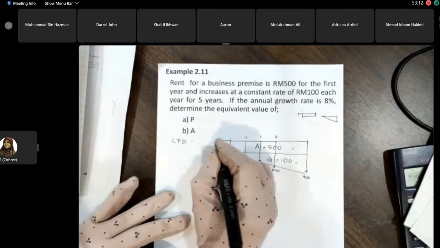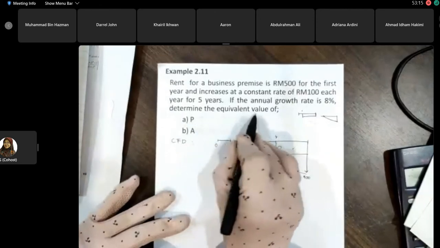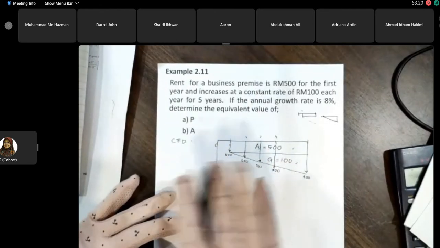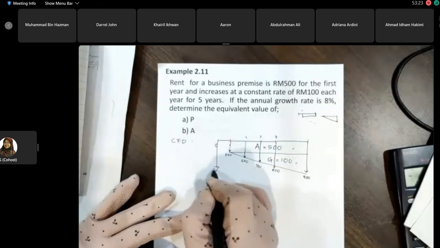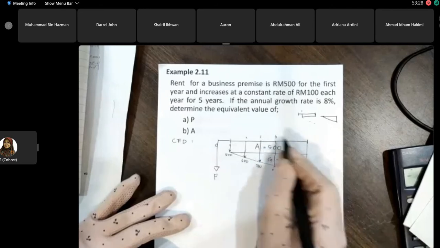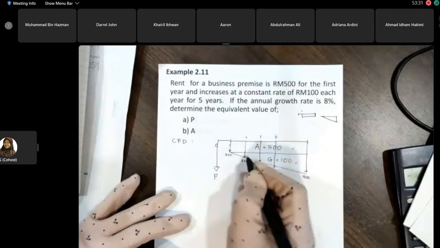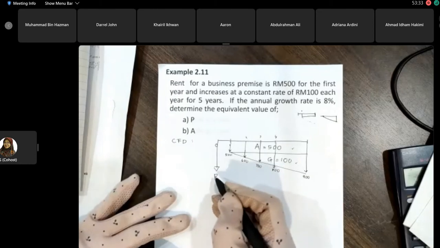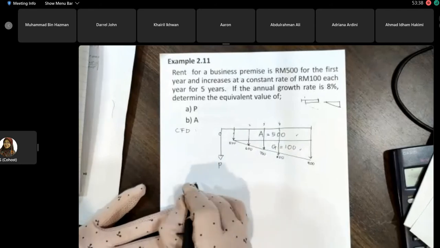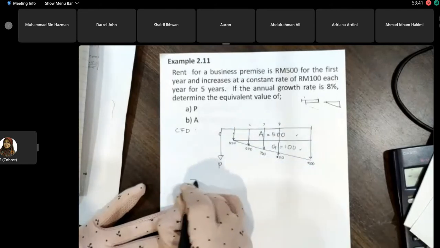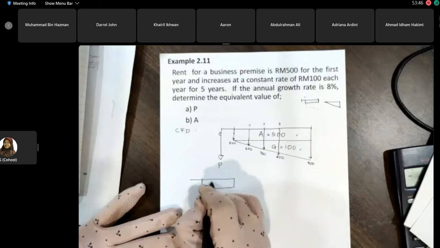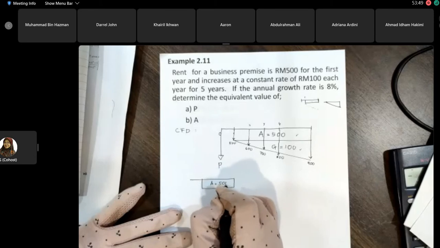Okay. So you want to determine the equivalent value. So what is the P here? Equivalent. So that's why dia punya arrow still same lah. Just to transfer this value to the P. Okay. So split dia punya ni kiraan ni ada calculation. So you have this one A is 500 ringgit.